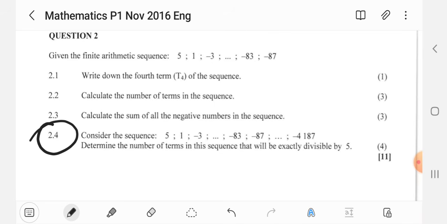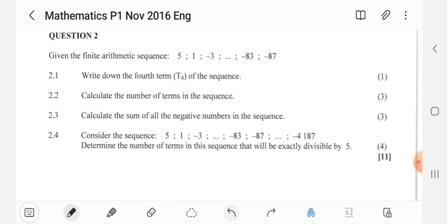So we will do 2.4. Consider the sequence 5, 1, negative 3, and so on, and then it ends at negative 4187. Determine the number of terms in this sequence that will be exactly divisible by 5. So we have 5, and here we have 1. Here we have 1 and 3.